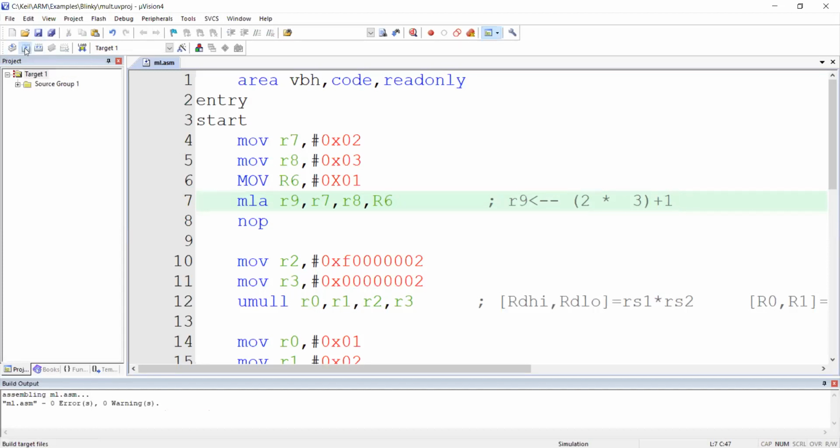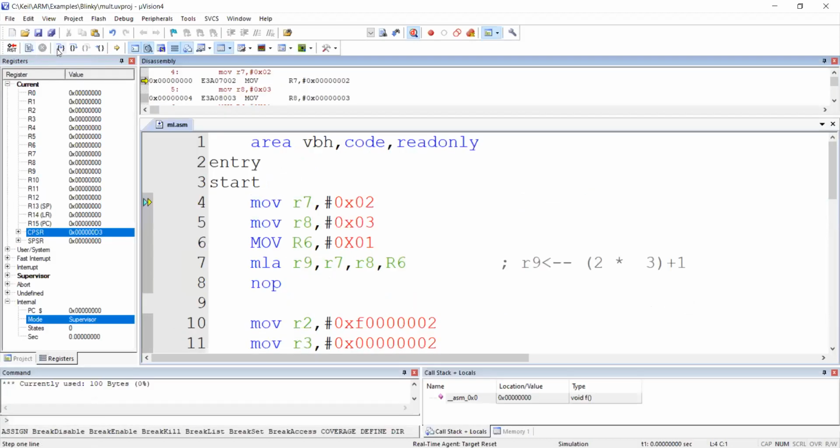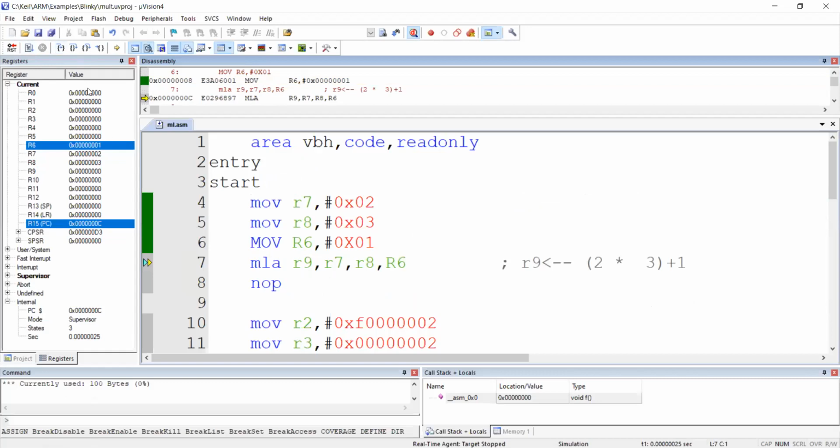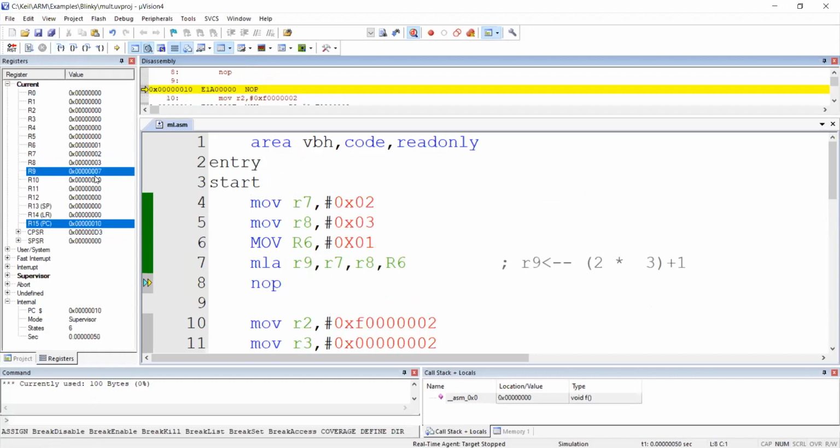Let's see whether we will get it. 2, 3. Okay. 1 I have stored in R6. Can you see the R9 in the window? Please do reply here, the blue box here. The R9 got 7. Okay. So this is how MLA will work.